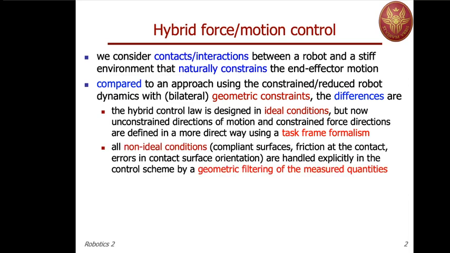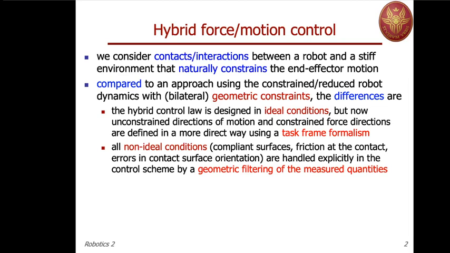The second, and more important, is that we will consider non-ideal condition. So we will apply the control law designed in this way, but that takes care of the fact that the surfaces are not infinitely stiff, so they are not rigid. There could be some compliance at the contact, and this compliance may be originated not only by the environment, but also from the contact type, the presence of a force torque sensor, and so on.